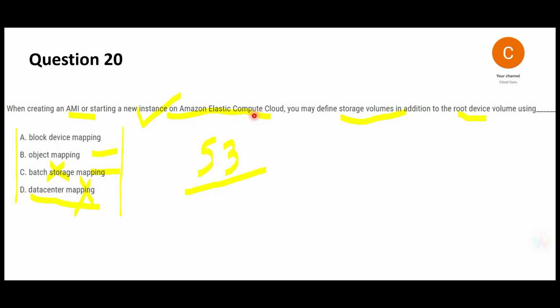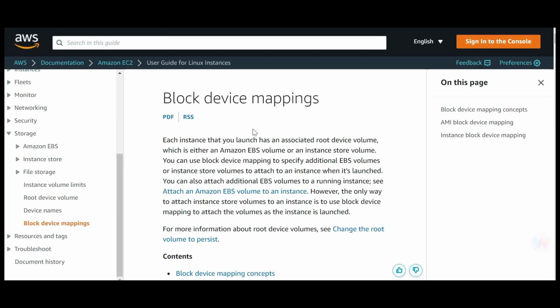Block storage, block. EC2 block, EBS, Elastic Block Store. We do not need object mapping. Objects in the cloud world are S3. So that just leaves us with block device mapping. I'm giving you a fantastic documentation here. It clearly says when you launch, a root device volume is already there, it's already created, but you can use block device mapping. You see this block device mapping?